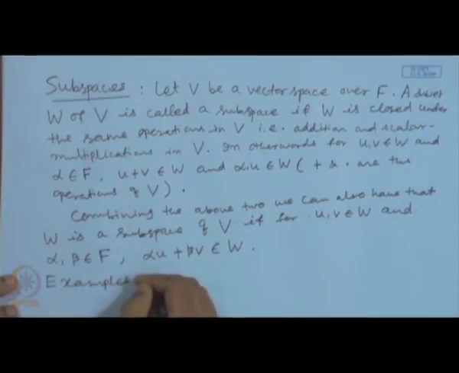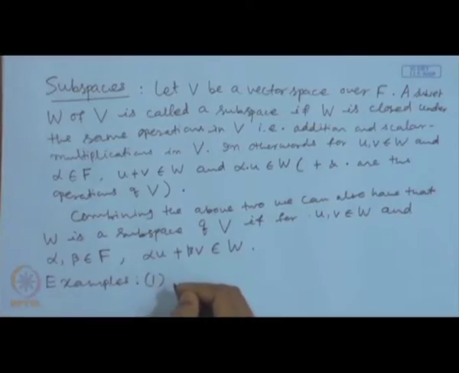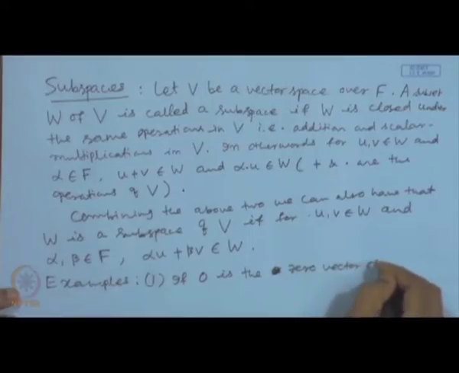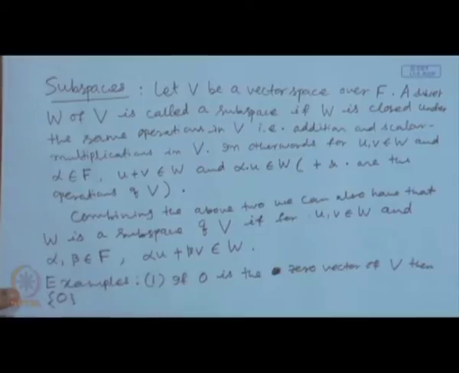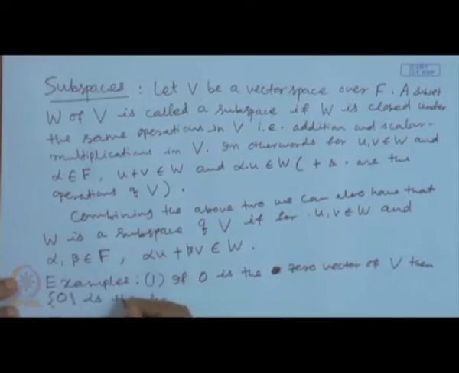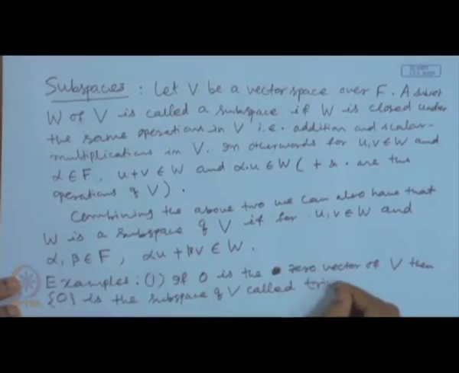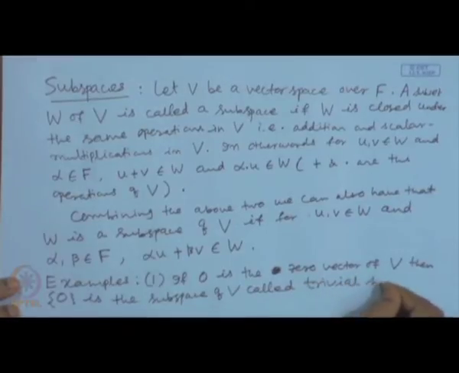The trivial subspaces are: if 0 is the 0 vector of V, then this set consisting of the 0 vector only is a subspace of V, called the trivial subspace.